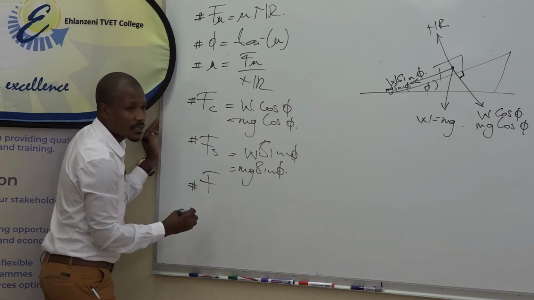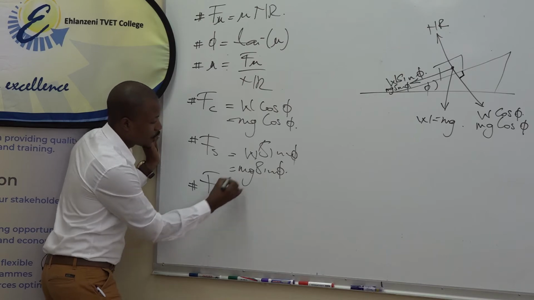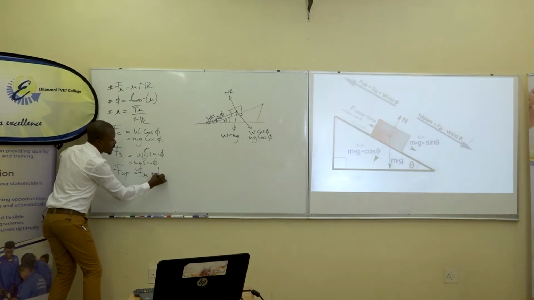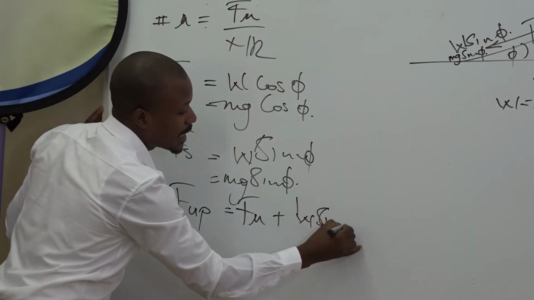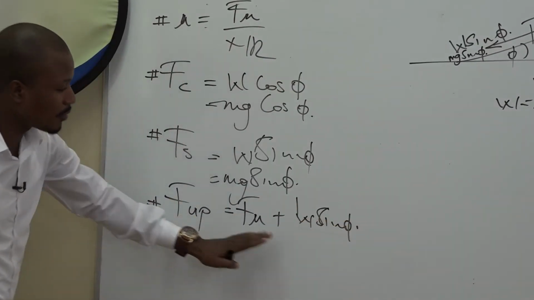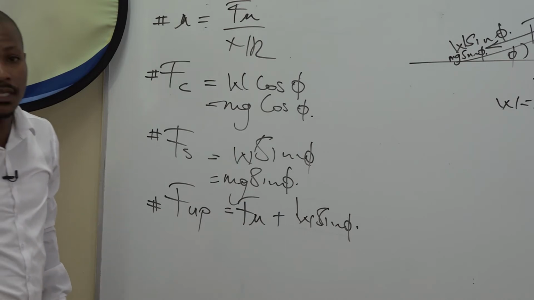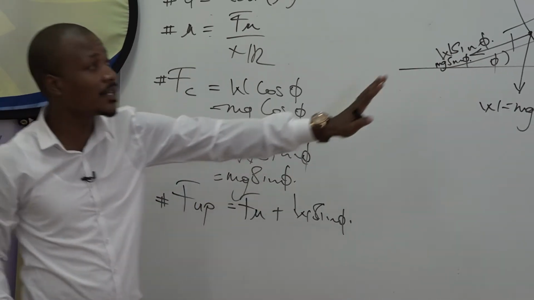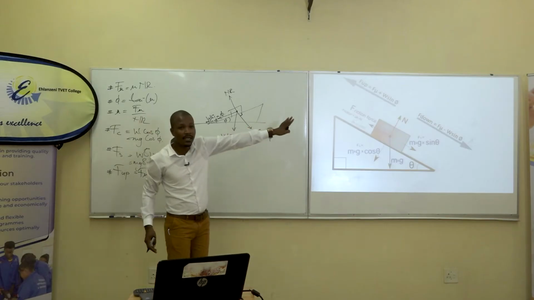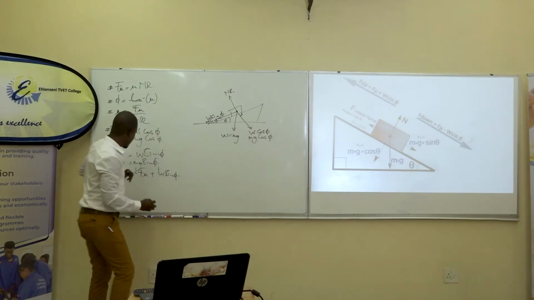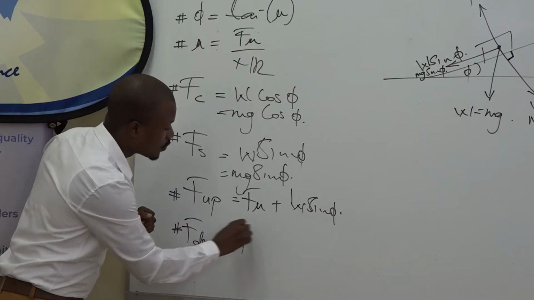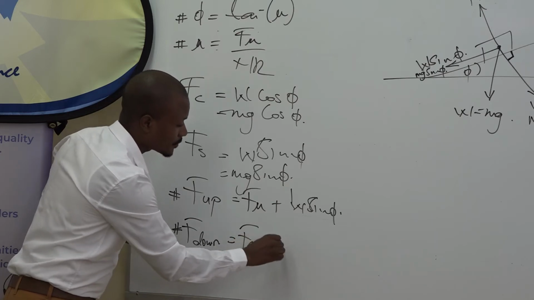We have the minimum force required to move the object up, which is given by the frictional force plus W sine theta, or rather Fs plus W sine theta. This is the minimum force required to move the object up. I believe that is the equation that appears there. We also have the minimum force required to move the object where?